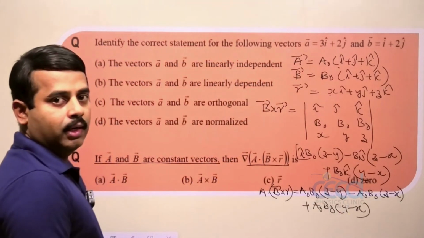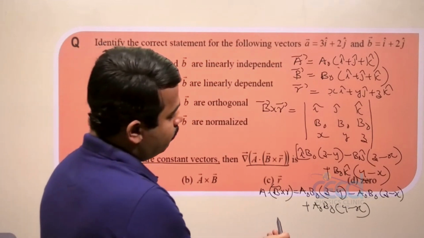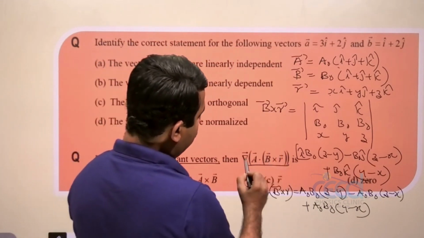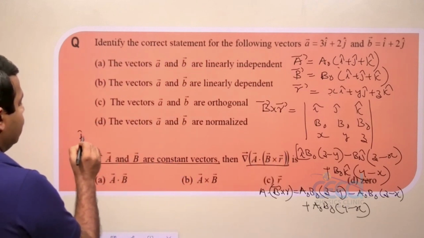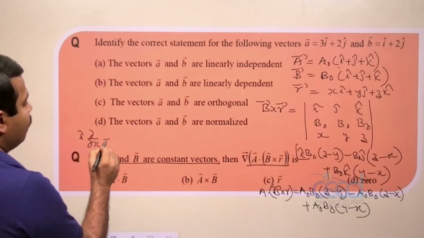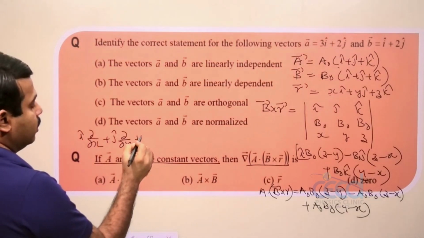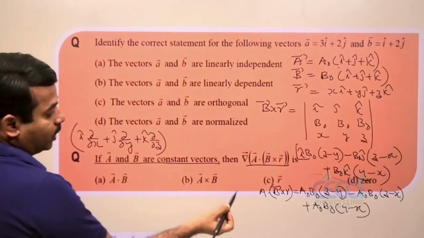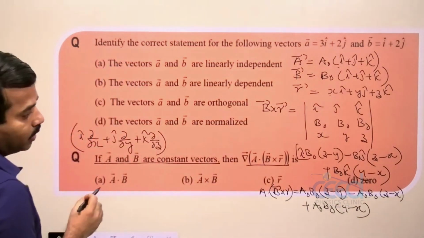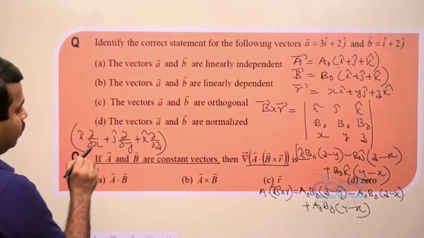Now I should take the gradient of this. What is gradient? I can write it here: i cap del by del x plus j cap del by del y plus k cap del by del z of this. Then here also with respect to x you do.